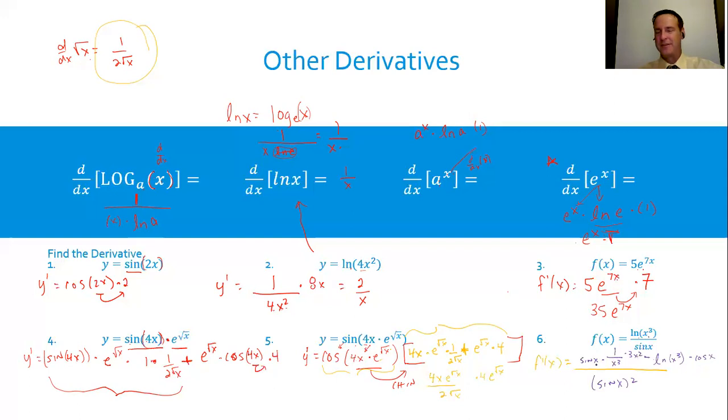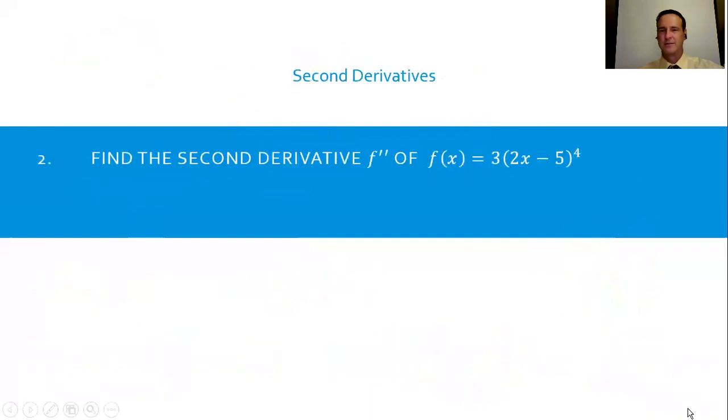You can basically call this sine x over x if you want. Just under the quick thing, I'm not doing the whole thing. And this is the natural log, that can't simplify any further. So natural log of x cubed times the cosine of x, all over sine squared. Got it in there. Great.